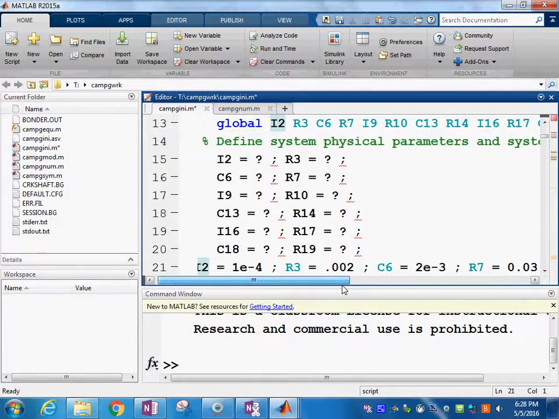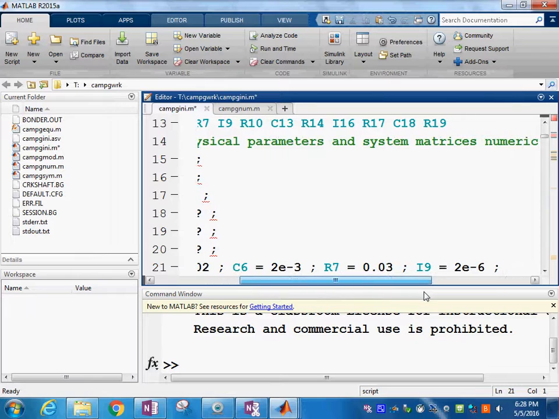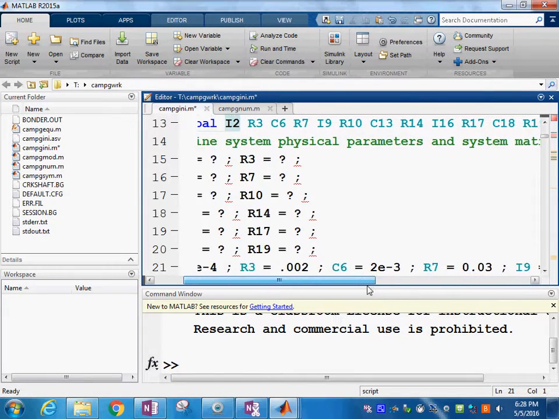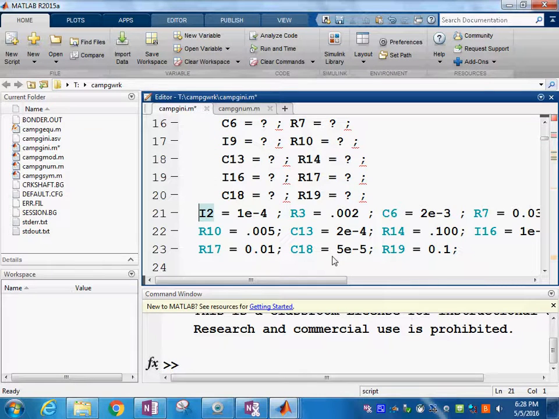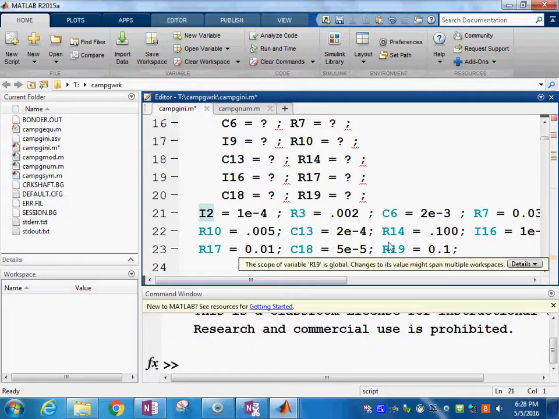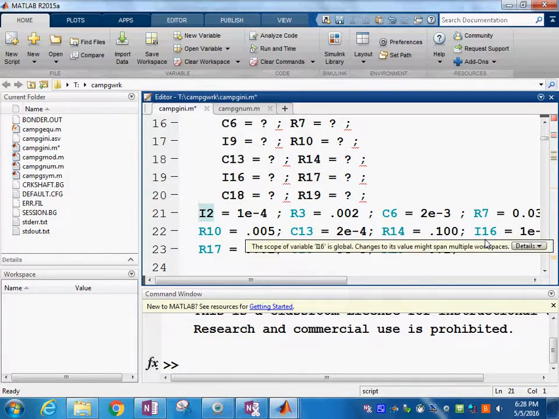I9, and then the next would be R7, no, R10, C13, R14, I16, R17 in there, and then we have R19, yeah, and C18.